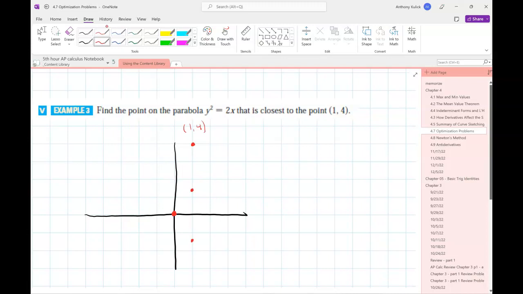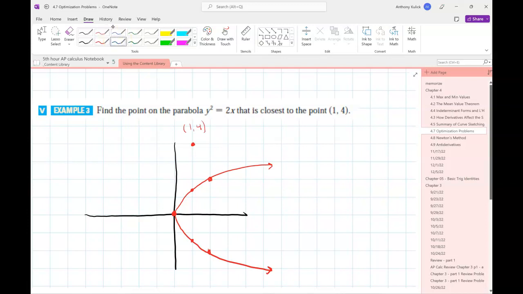If I pick x to be 2, what does y have to be? Plus or minus 2. And that's probably enough to get me a decent looking picture. Everybody's okay with that?